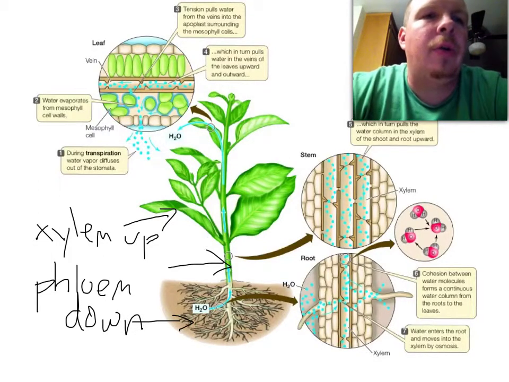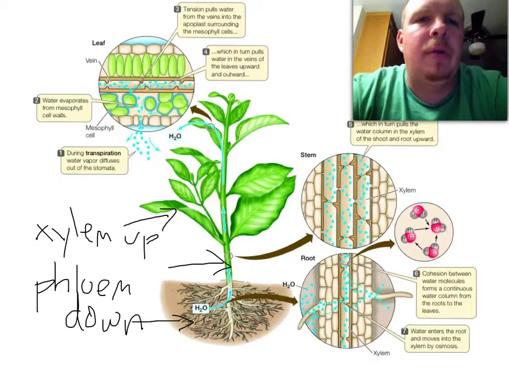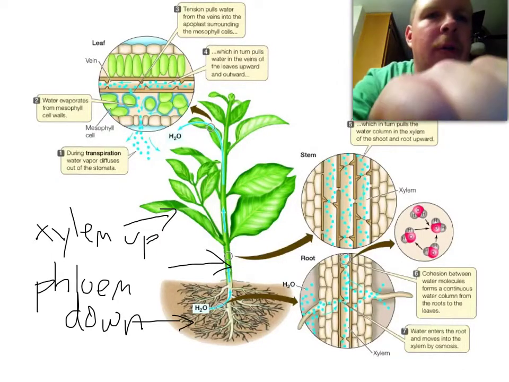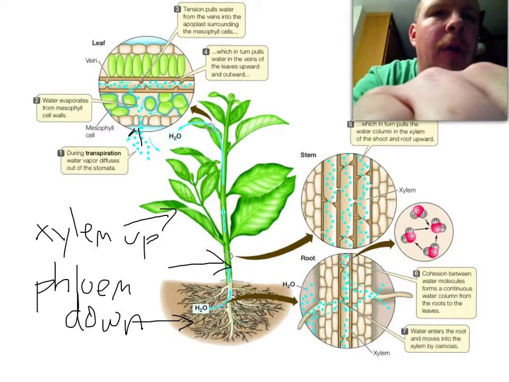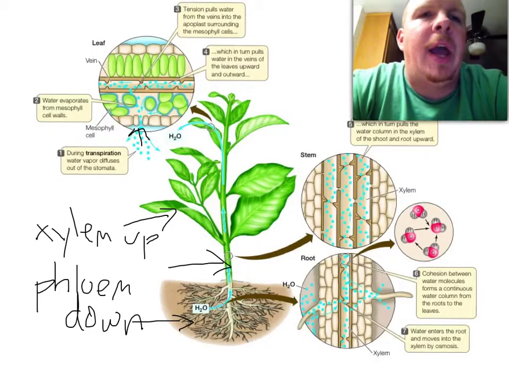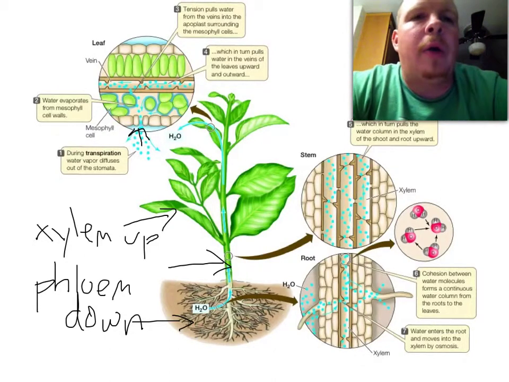Alright, so that's what happens in the roots. Let's jump way to the top, to the leaves, and you can see step one. During transpiration, water vapor diffuses out of the stomata. The stomata is the little opening right there, and water will evaporate out of the plant, and that evaporation is called transpiration.